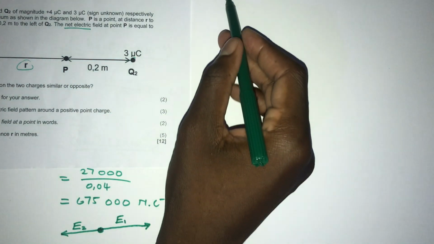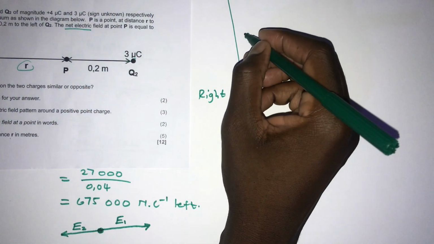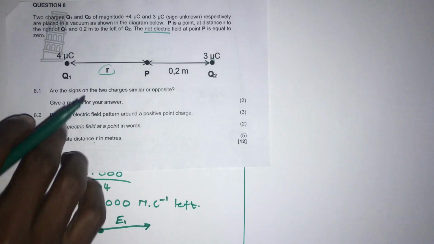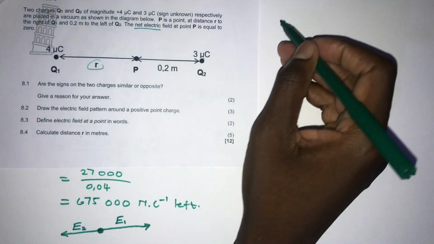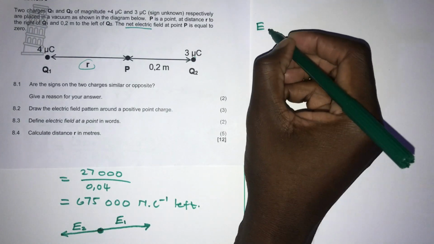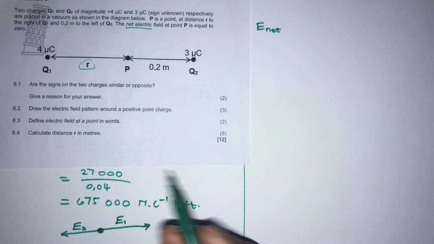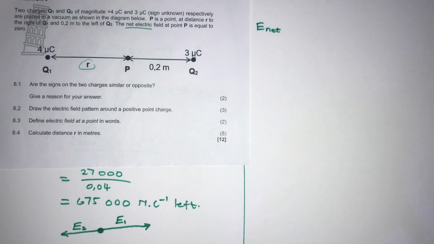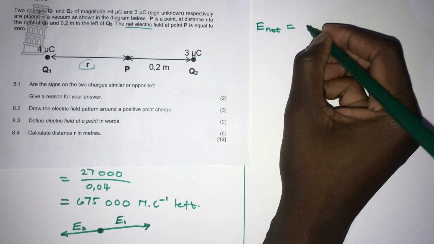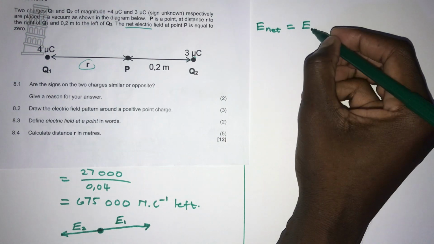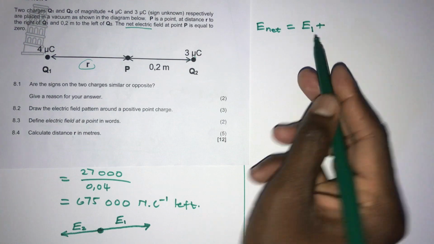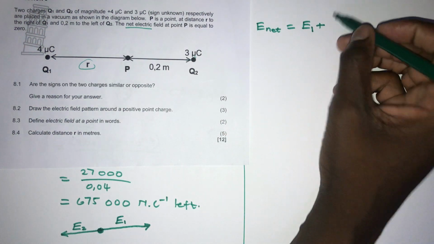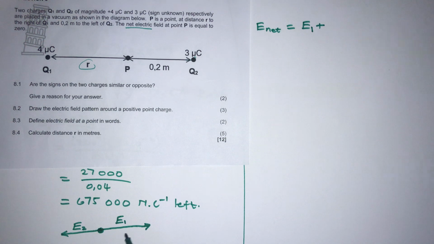Since we are given the net electric field as 0, we're going to say E net, the net electric field, is equal to the electric field of charge 1 on P, plus, since it's a net, that means we are adding here. Let's check, E1 is going to the right, E2 is going to the left.